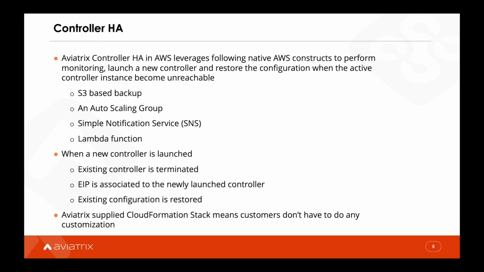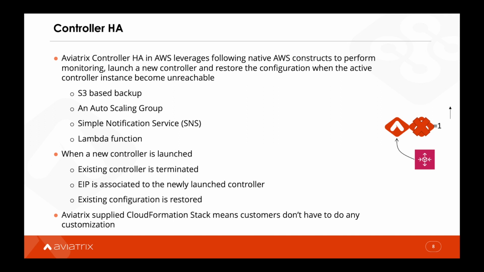We achieve high availability by using cloud-native technologies such as elasticity and object-based storage. So, for example, in AWS, we make use of an auto-scaling group with a desired capacity of 1. The configuration of the controller in AWS is backed up to an S3 bucket.